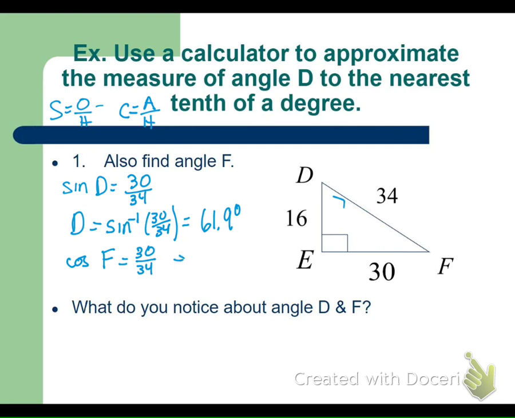So we apply cosine inverse to both sides: F equals cosine inverse of 30 over 34. What is that? 28.1 degrees.